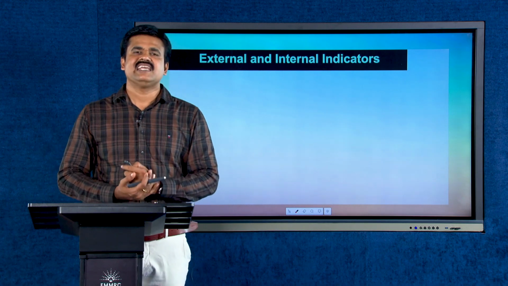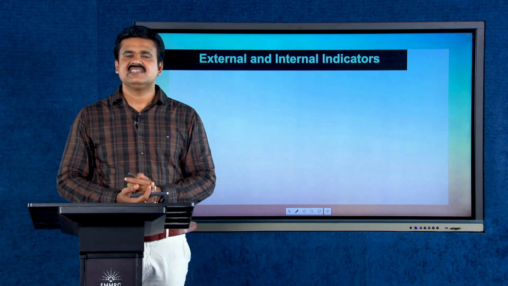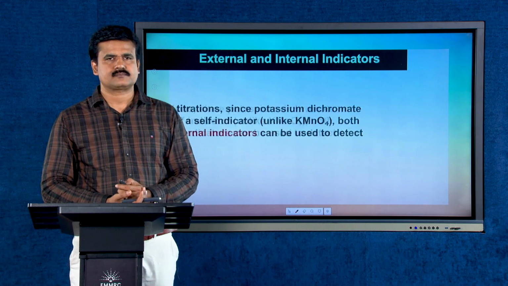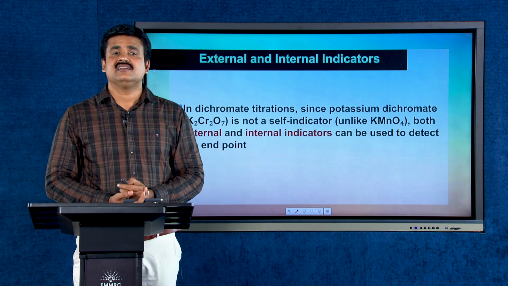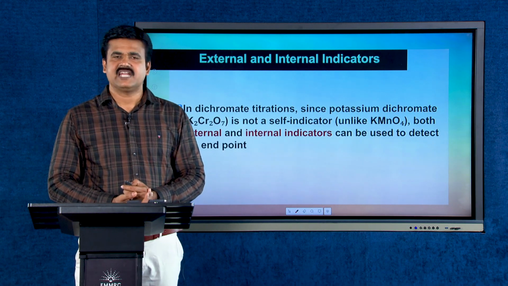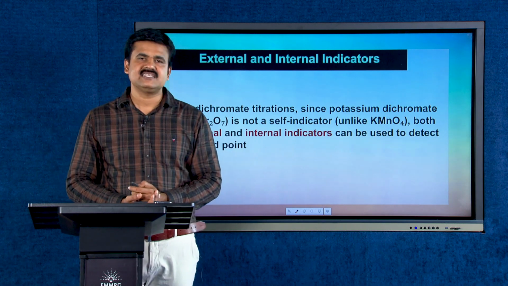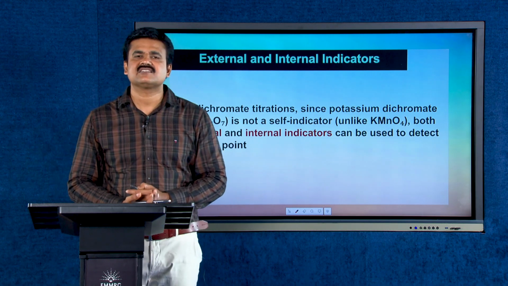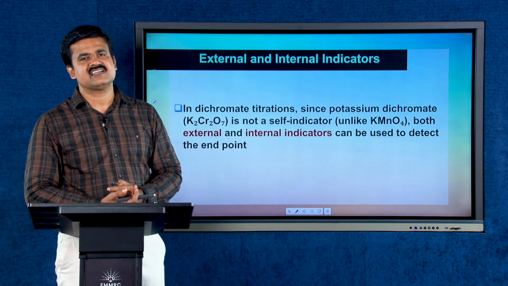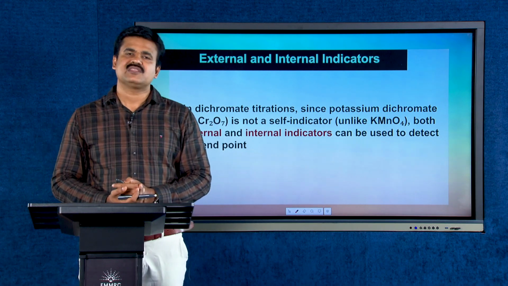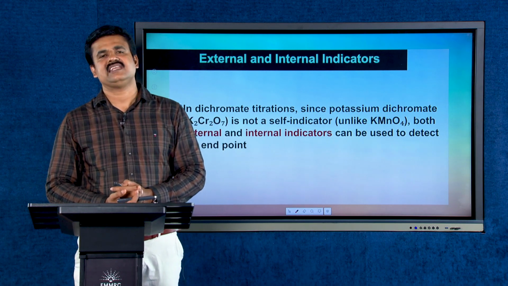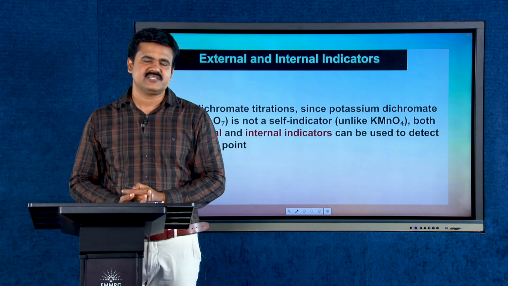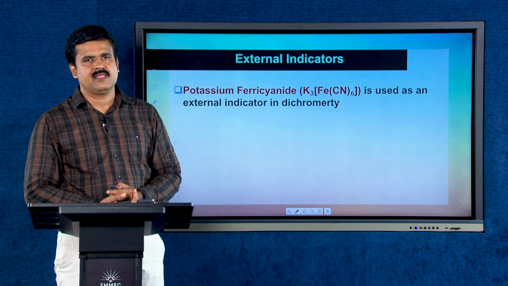Now, external and internal indicators. In dichromate titrations, since potassium dichromate, K2Cr2O7, is not a self-indicator like KMnO4, both external as well as internal indicators can be used to detect the endpoint.